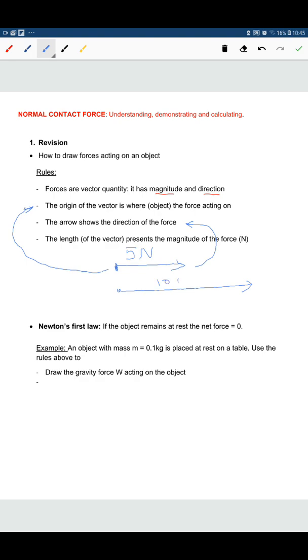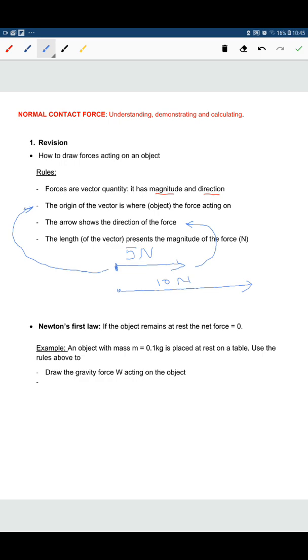However, you don't need to worry too much about the length of the vectors and the magnitude of the force when you draw it on the diagrams, but you do need to care about the direction.